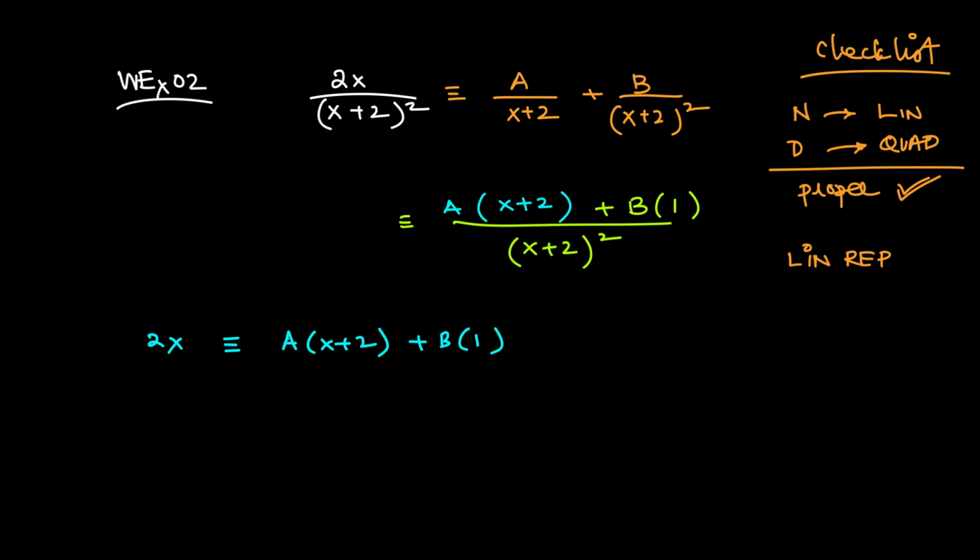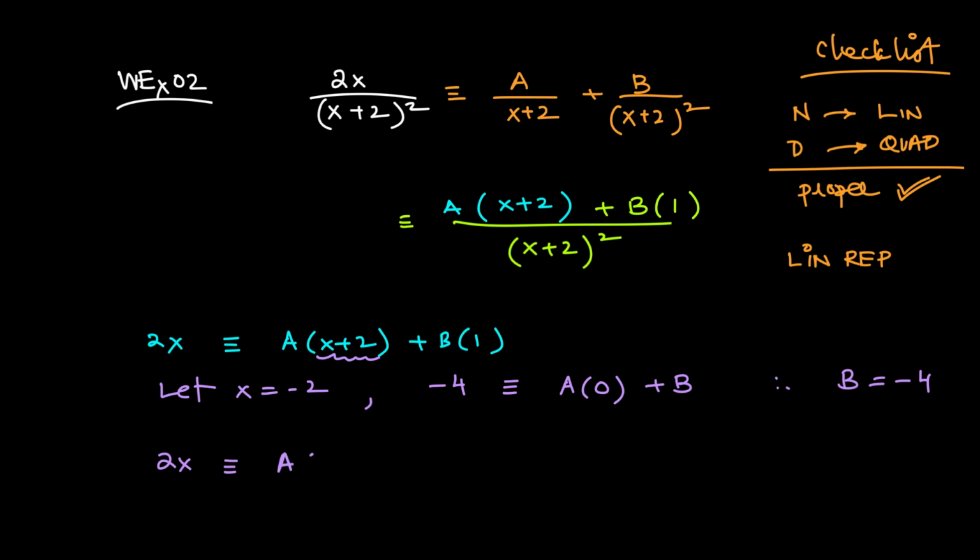Let's start with a simple value. Let x equal -2. This will make this bracket disappear and hence A will disappear. So therefore, 2 into -2, that is -4. And A multiplies with 0, B remains as it is. So the value of B comes out to be -4. Similarly, you can first write the identity as it is and then choose any value like in the previous example.